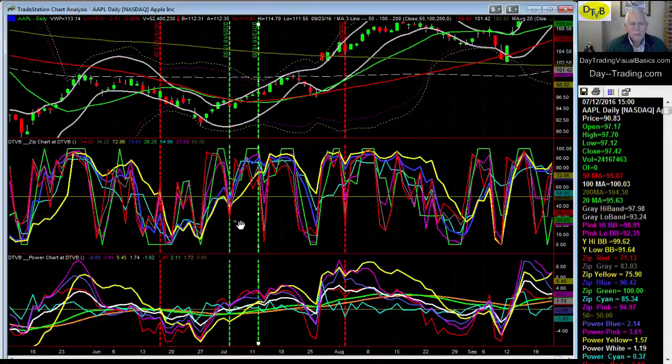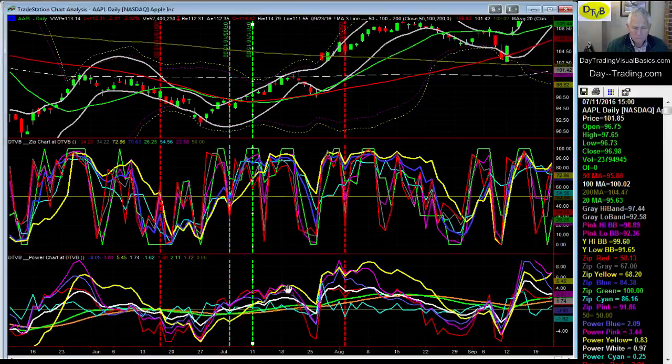Now, when they're lowest and up, we have an uptrend, and that's real obvious to see in the 4 green candles between the 2 green vertical lines. However, on this third day, the uptrend disappears. The Zip Yellow line disappears, as does the Power Yellow line.